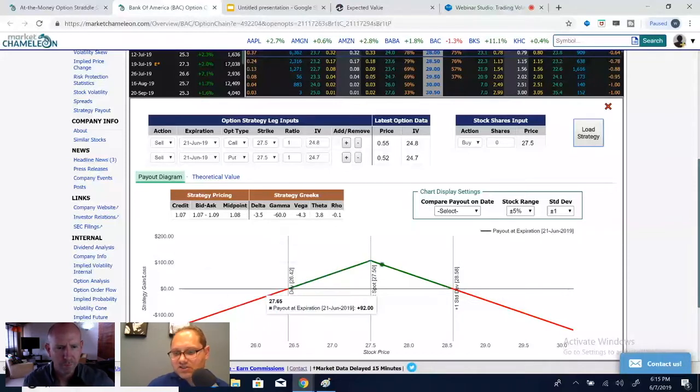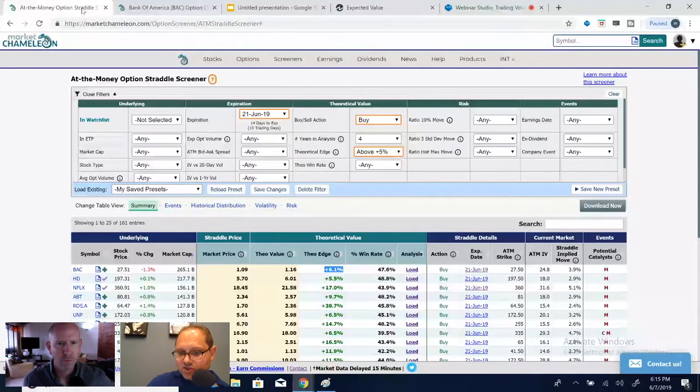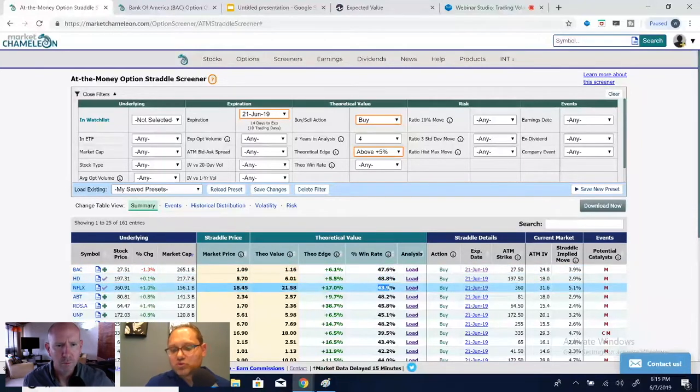So it thinks there's a 66% probability that it's going to land somewhere in here, and the rest, it could land outside of that. So when you're looking to buy a straddle, a historical win rate above 33% would be more than what the straddle's predicting, because you're thinking it's about 33.